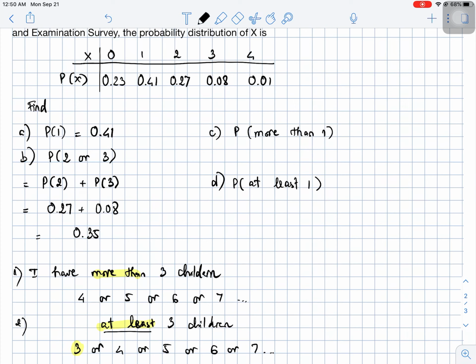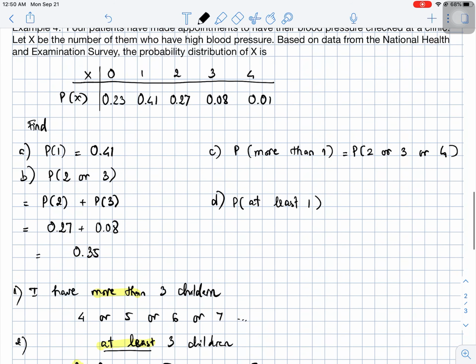We see that more than 1. In this case, more than 1 means probability of 2, because 2 is more than 1, or 3 or 4. We notice that we stop at 4 because we look at the table. So we have 4 is the end. Now we use the addition rule.